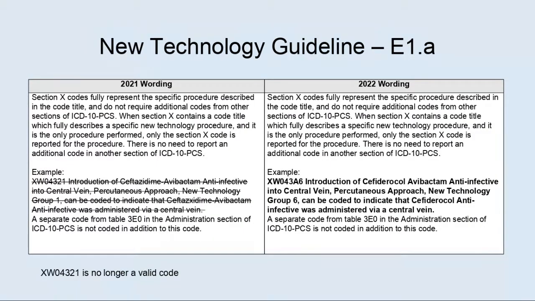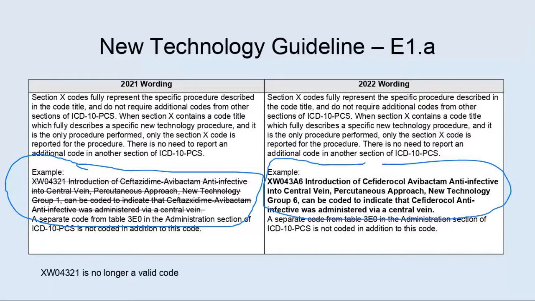So here's a new technology guideline. The guideline concerns reporting whether or not you use a new technology code only by itself or not. So the difference is in the example. This example in 2021 is XW04321. In 2022, it's this one, XW04386.